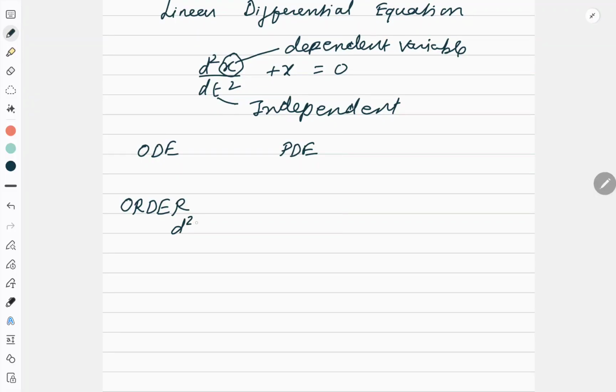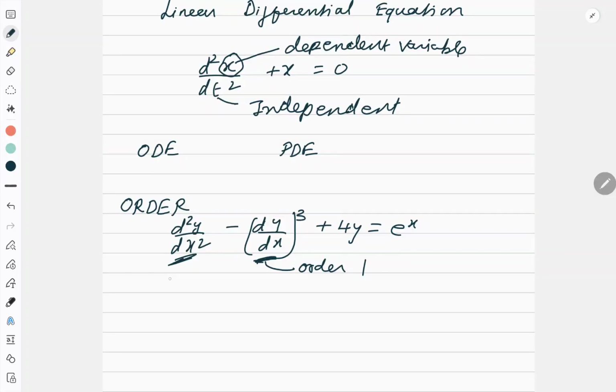For example, if I write d2y upon dx square minus (dy by dx) cube plus 4y is equal to e to the power x, this derivative is order 1 and this derivative is order 2, or second order. So this is a differential equation of order 2 because the highest derivative is of order 2. Right? So this is how we talk.